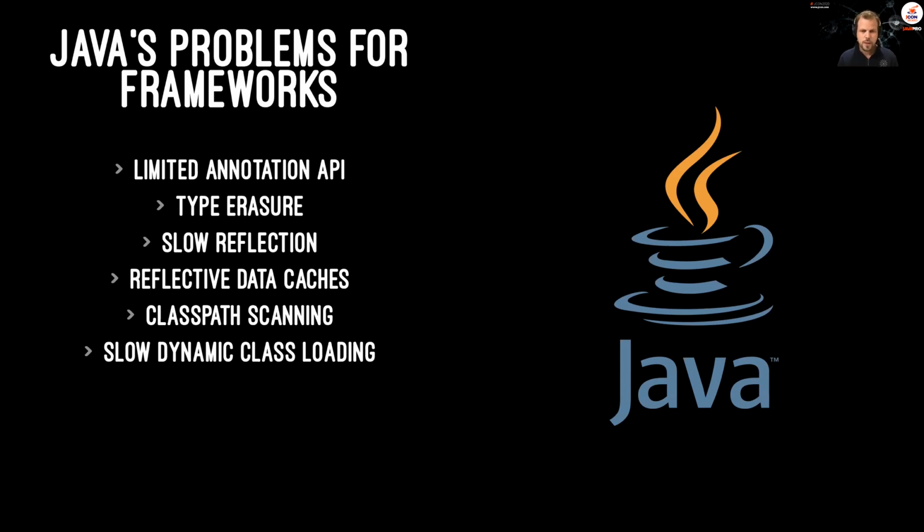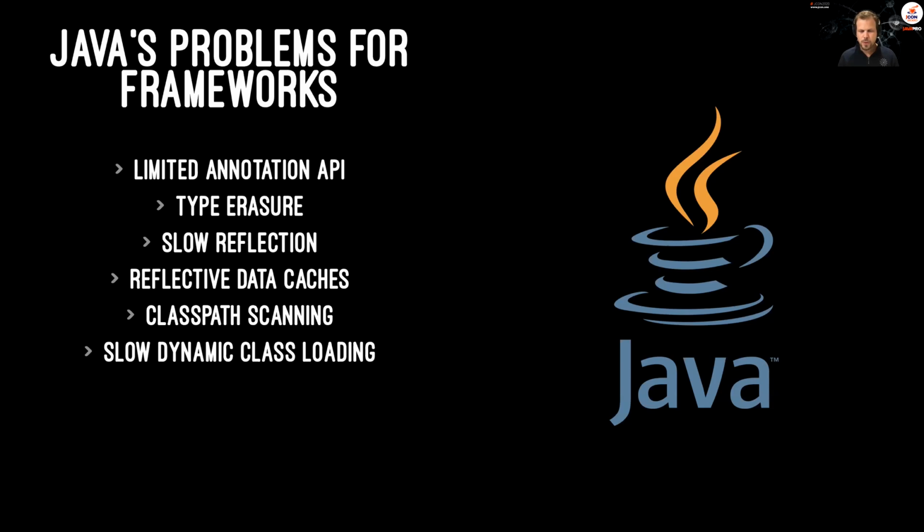Reflection itself is generally slow, or slower than direct method dispatch, and that has led to many different solutions being built, from things like cglib, Javassist and ByteBuddy, which try to essentially generate bytecode at runtime in order to improve reflective method dispatch.